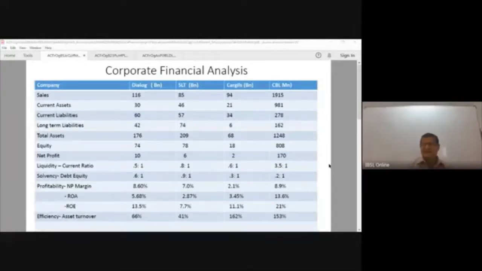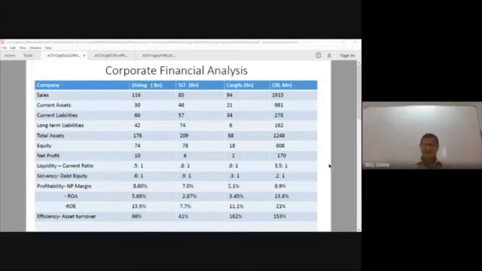Similarly, CBL also has an asset turnover of 153%. So if you can make rupee per rupee, you are in a greater position because you can deploy 1 rupee on assets and have sales of the same value, you are better.